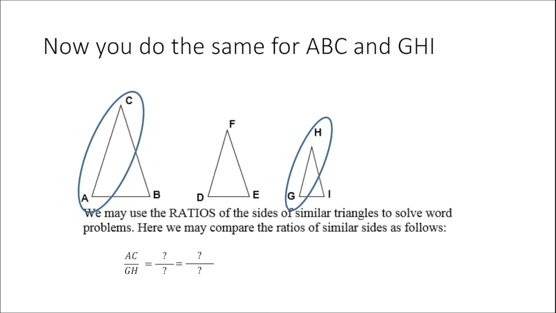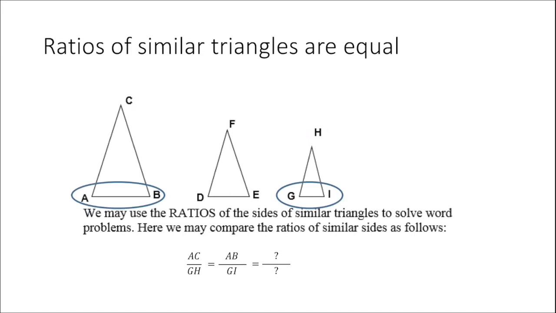Okay, let's look at this one. If I know AC corresponds to GH, that's my ratio, then BC will correspond to HI. We'll start with this. This one will be BC divided by HI, but that'll come in the next slide.